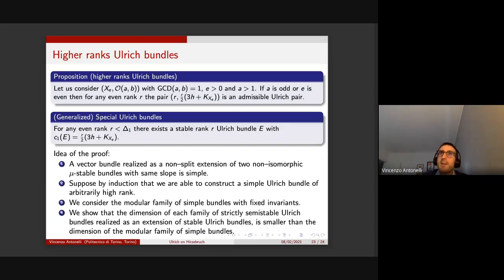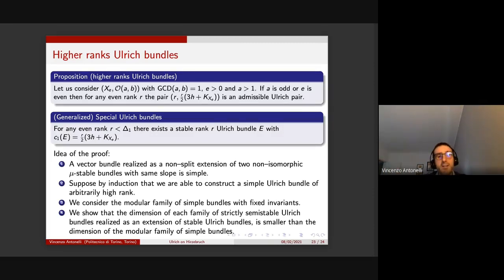You know that the special one is admissible, but then you don't have control on the others. So the vector bundle can split in some strange ways, and you're not able to control it. So we need this additional hypothesis to be able to say something about stable and thus indecomposable Ulrich bundles of higher rank.